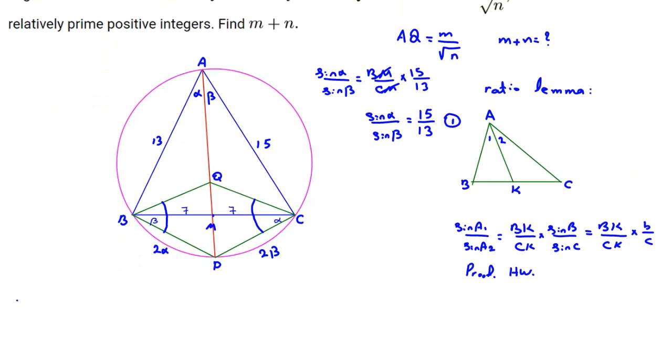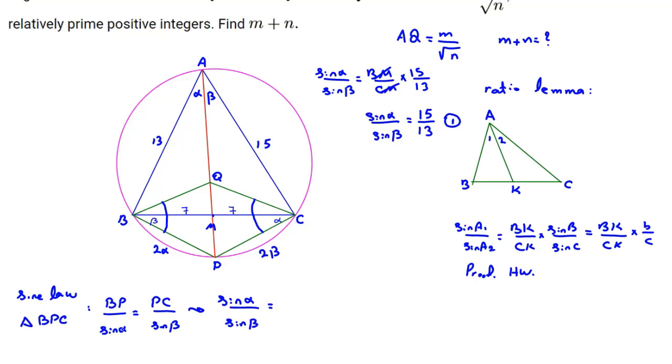Now, if we consider sine law in triangle BPC, then we can say BP over sine alpha equals PC over sine beta. So sine alpha over sine beta equals BP over PC. By the first one, we know sine alpha over sine beta is 15 over 13.